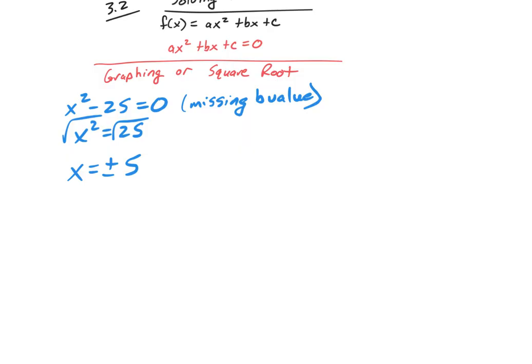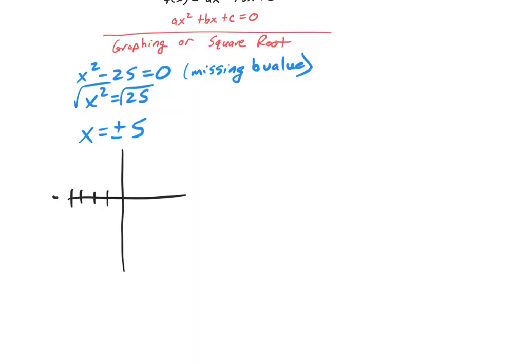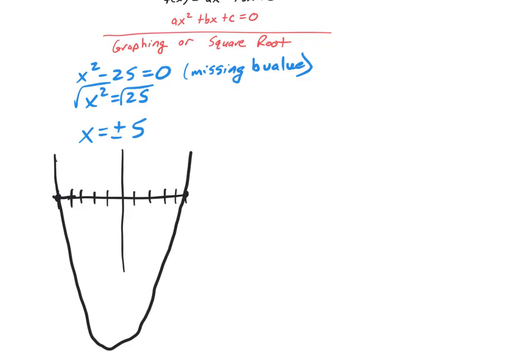And the reason I say graphing is because I want to show you what this looks like on a graph. If I were to graph this one, and you could put this into your calculator, it's a parabola.